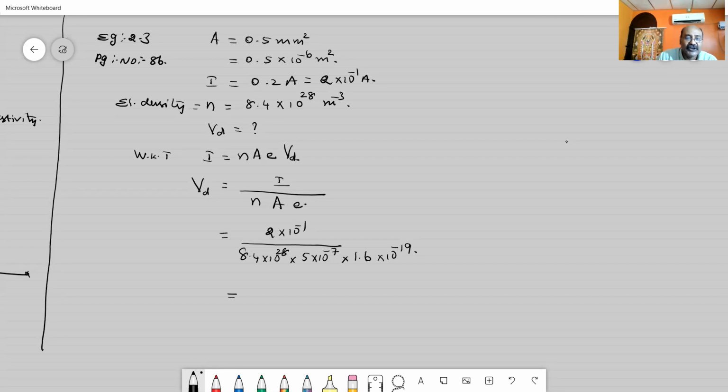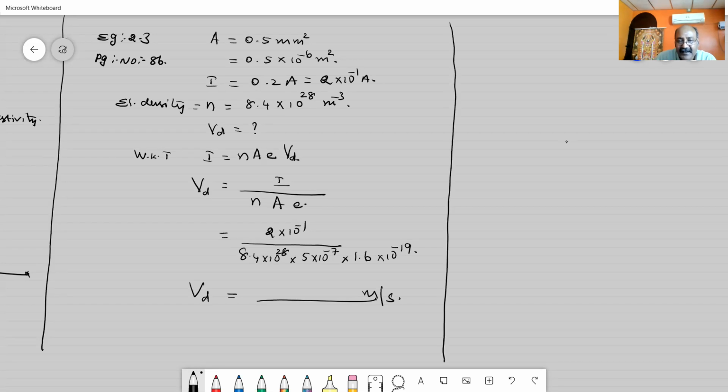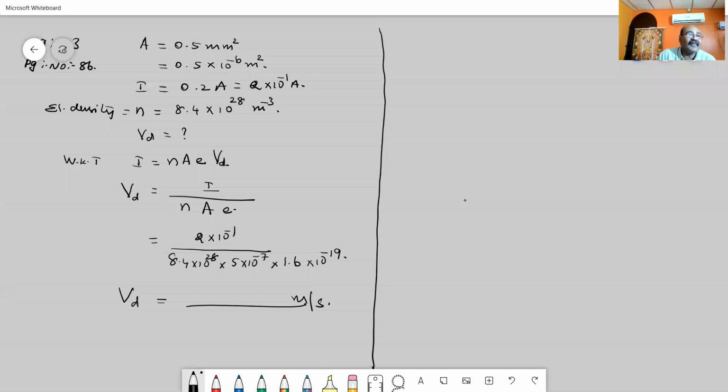I am leaving the simplification to you. Get the answer in meter per second and check it with the answer given in your book. Hope you will do it.